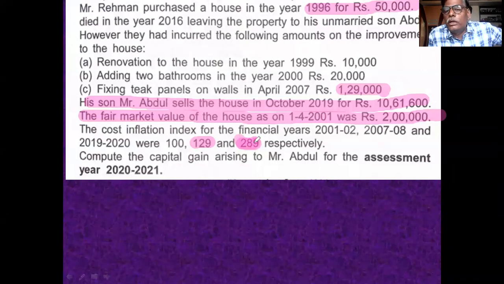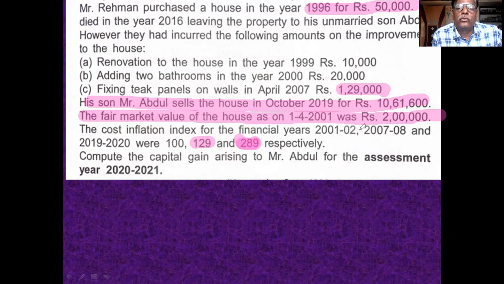You multiply by 289 and divide by the index of that year. The 2 lakh value is as on 1/4/2001. What is the index for 2001-02? For 2001-02, the index is 100. You divide by 100. You will get the indexed cost of acquisition.